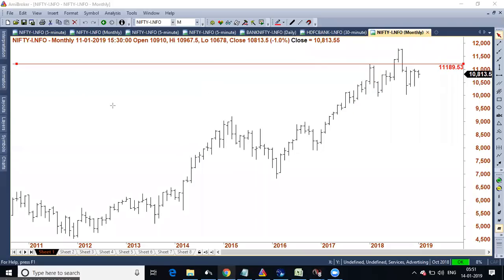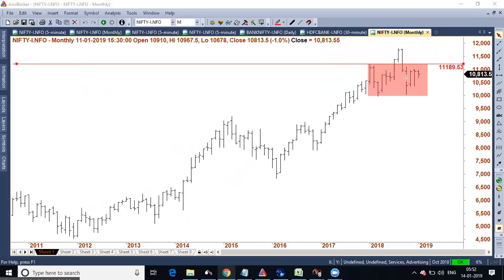Price is completely trading in this 10,000 to 11,000 band for quite a long period. Almost 13 months, most of the time, price has been spent inside the 10,000 to 11,100 band.